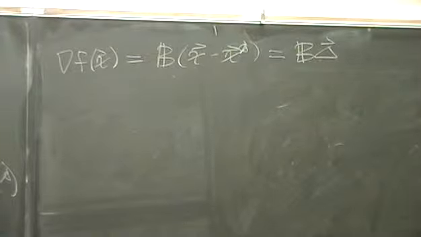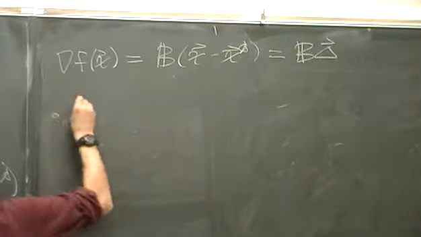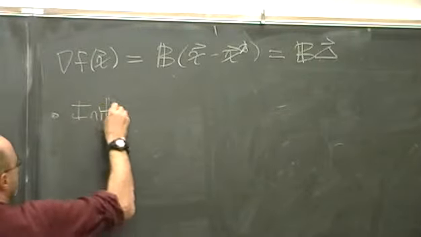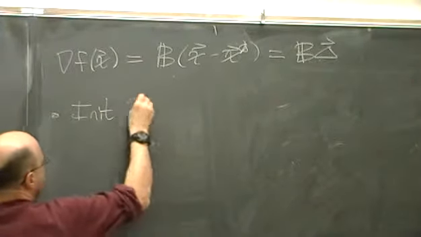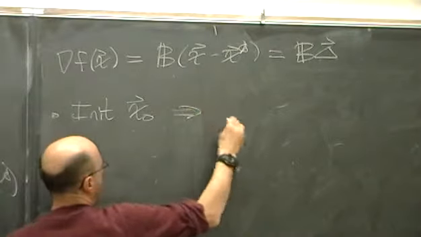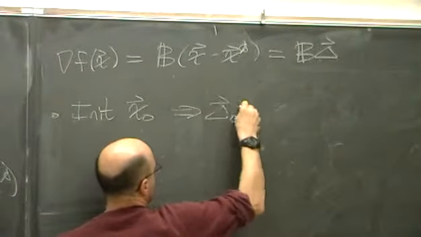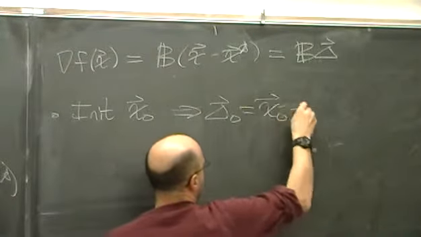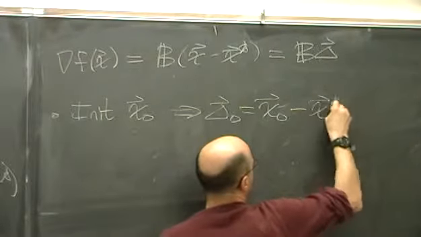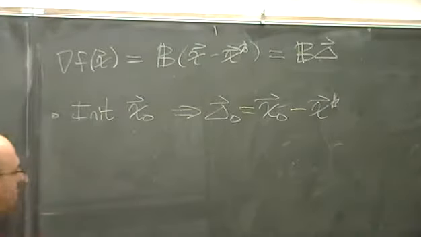So how does this work? At the beginning, we're going to make some initial guess, x naught, which then will imply some initial value of the error that you're starting out with, x naught minus x star.